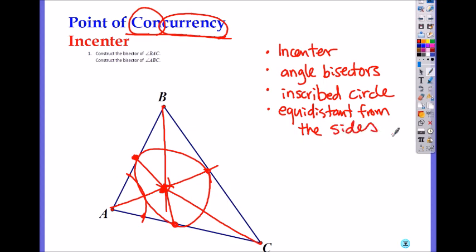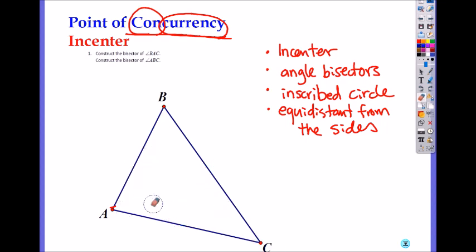That's a key characteristic of incenter. Okay? And I'm going to show you how to construct this. Let's construct it. So now, here are the 4 characteristics, and here I'm going to show you how to construct it again. Okay? So now take out your compass.